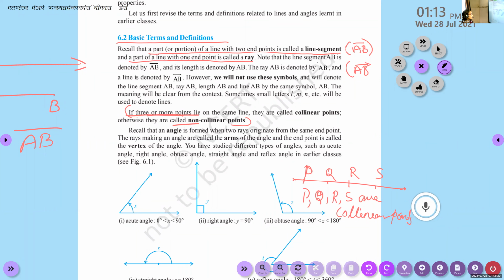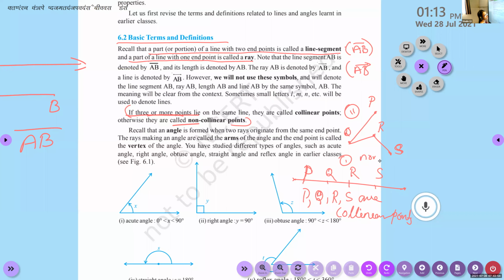Otherwise, they are called non-collinear. For example, P, Q, R, S: this is figure 1, this is figure 2. In figure 1, P, Q, R, S are collinear. In figure 2, P, Q, R, S are non-collinear.